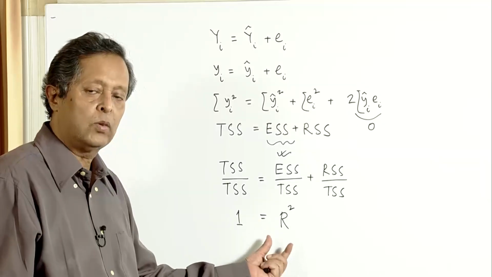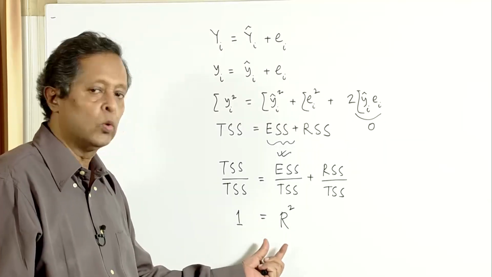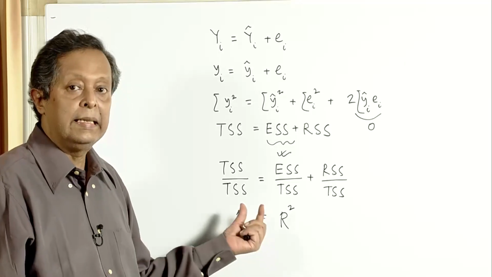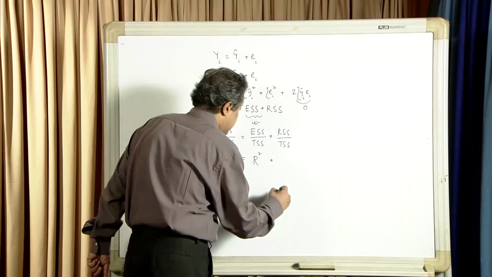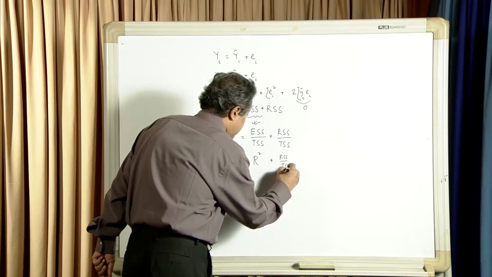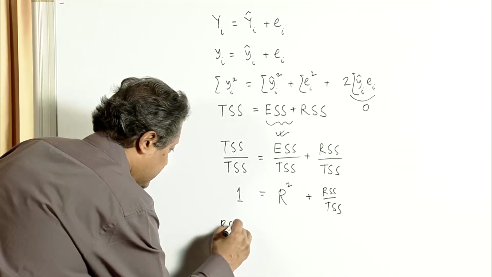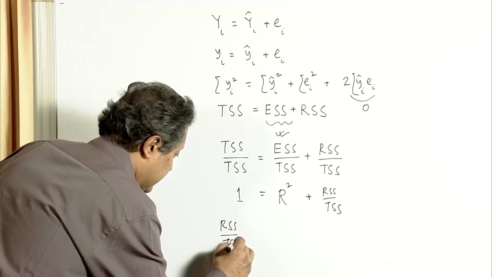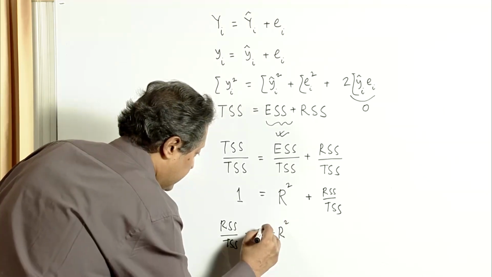The square of that correlation is the square of the multiple correlation, also known as the coefficient of determination. And RSS by TSS is nothing but 1 minus R square.